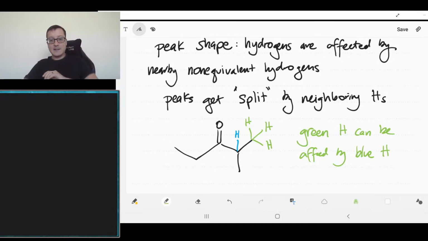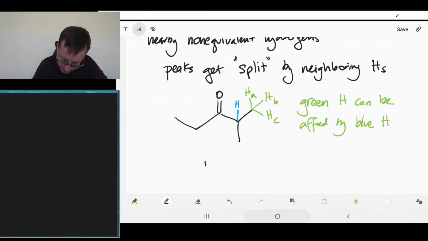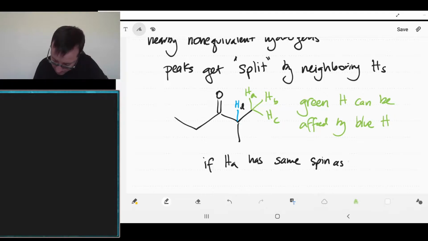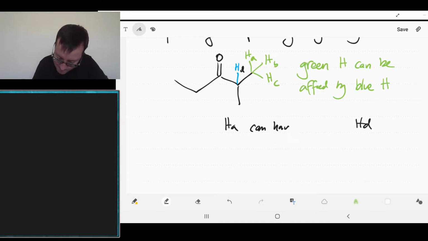But if we look at this, suffice it to say that blue one, if we're looking at any of these in particular, whichever one we're looking at, we'll say that one's HD. It can have the same spin as HD or the opposite.